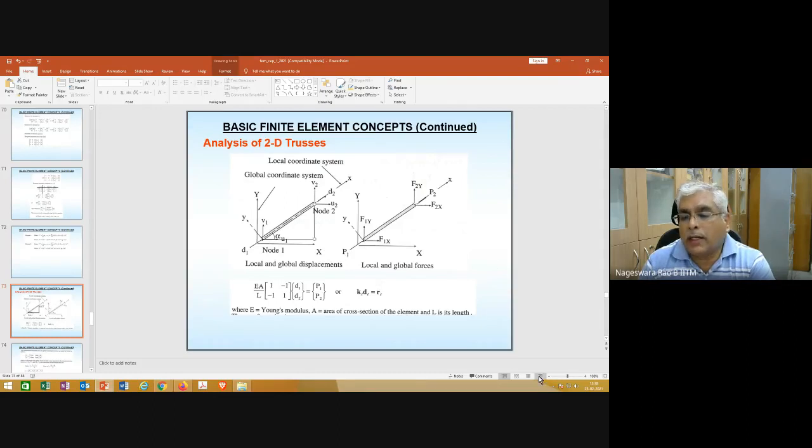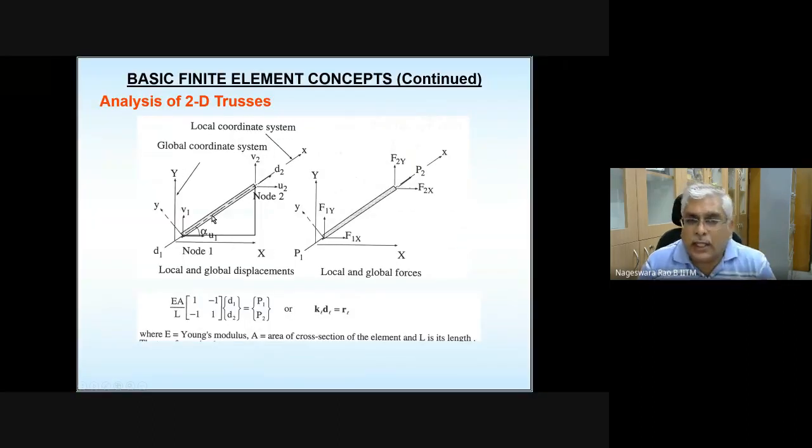If you know the coordinates of node 1 and of the second node in the global coordinate system, you can easily find the length of this element. And what is this side? It is nothing but y2 minus y1. And this dimension is x2 minus x1. So you can easily find sine alpha, cosine alpha and the length of the member.